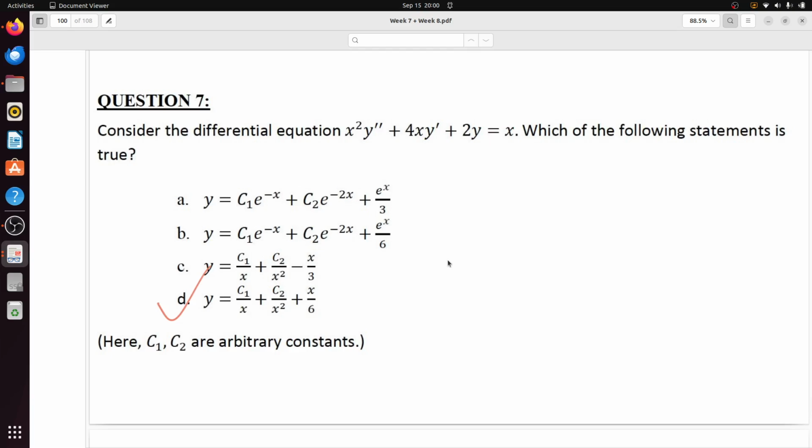This is nothing but just finding the solution of the differential equation. It is just written in some different language.